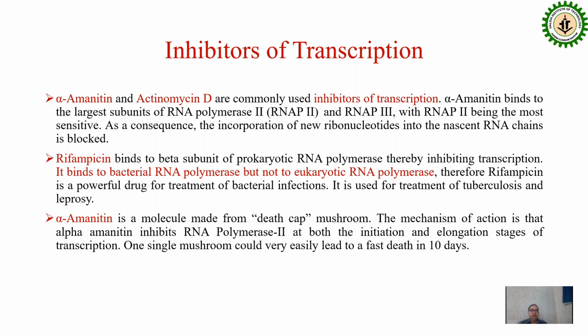So this is a very short description about inhibitors of transcription. Due to shortage of time, we could not go into the details. I just gave a brief overview about the post-transcriptional modifications, and the three main post-transcriptional modifications are 5' capping, 3' poly A tail, and splicing.